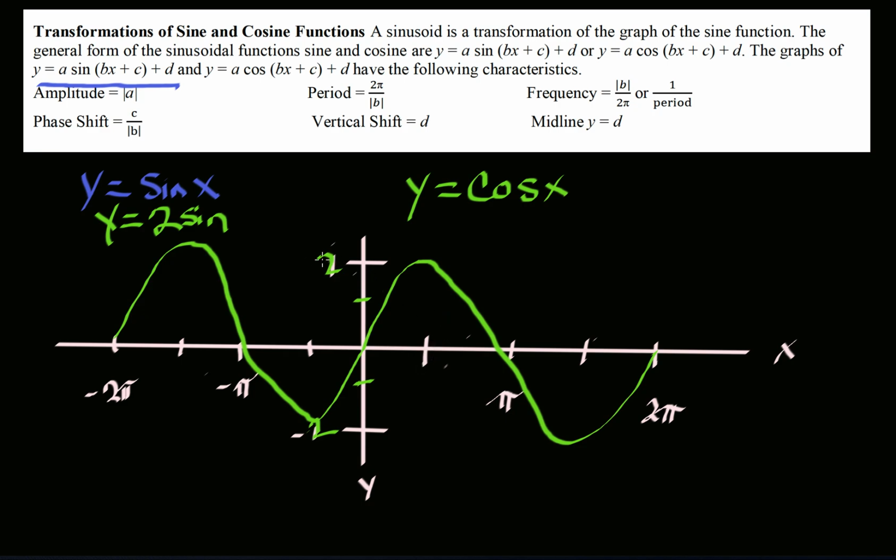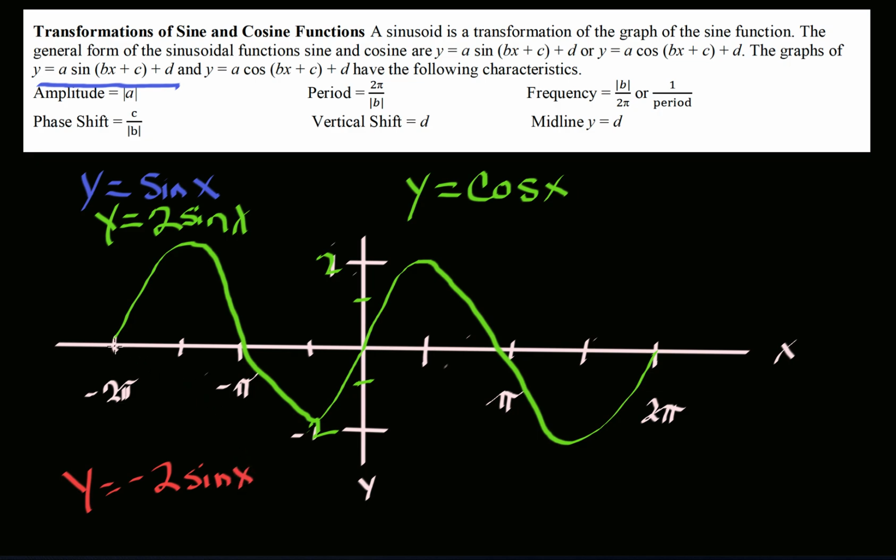If it happens to be a negative A, we know that the amplitude will be whatever the absolute value is. So if this were negative 2 sine x, oh, sorry, I forgot the x, then it would face the other direction. It would go this way. So I'll show you y equals negative 2 sine x.